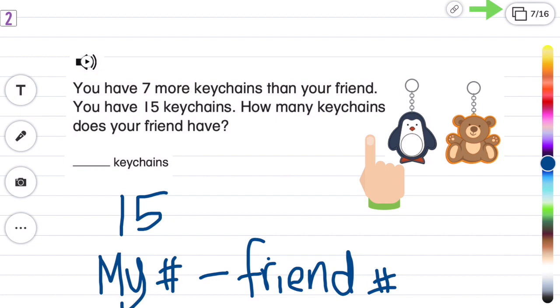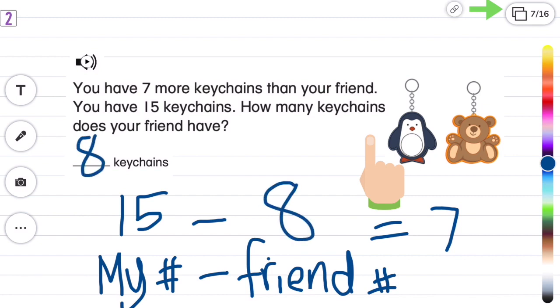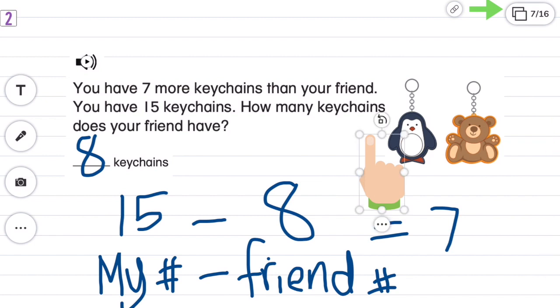And then my friend's number is 7. So I need to go from 15 to 7. When 15 is the whole and 7 is one of the parts, the other part is 8. That's a double plus 1. 7 plus 7 is 14, so 7 plus 8 is 15. When you're done, click the arrow for the next page.